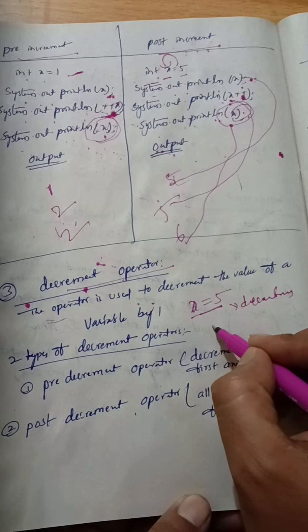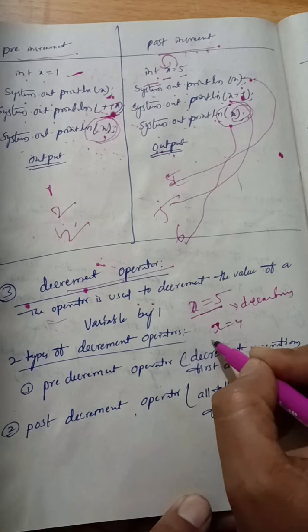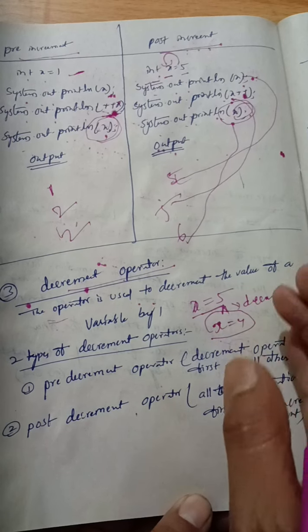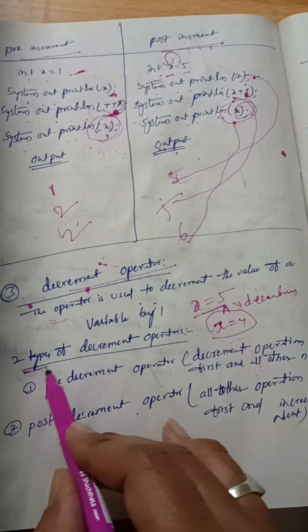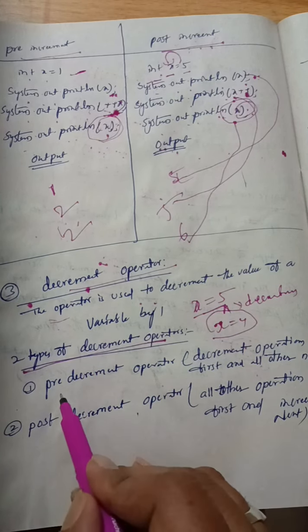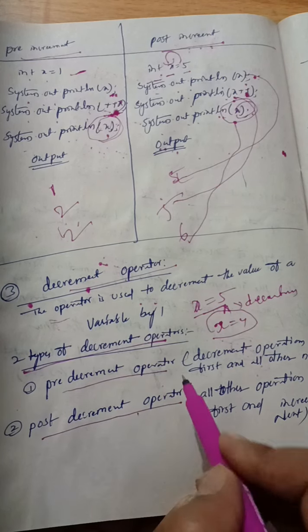How is this x equal to 5 value converted? x equal to 4. Decremented means the value is decremented by 1. Okay, that is the decrementation, only one value. Now there are two types of decrement operators: the pre-decrementation operator and the post-decrementation operator.